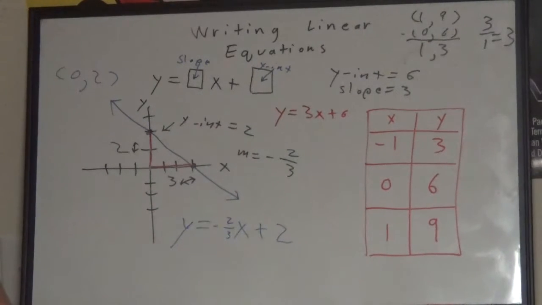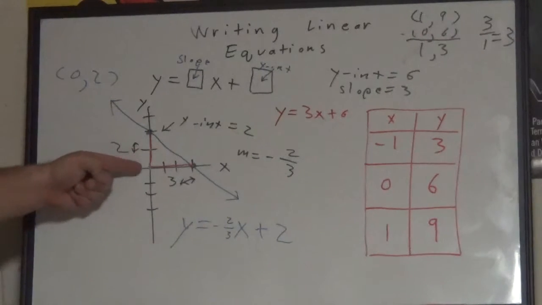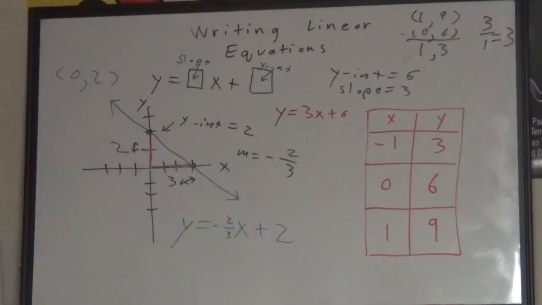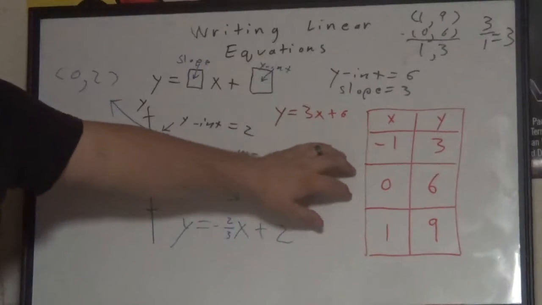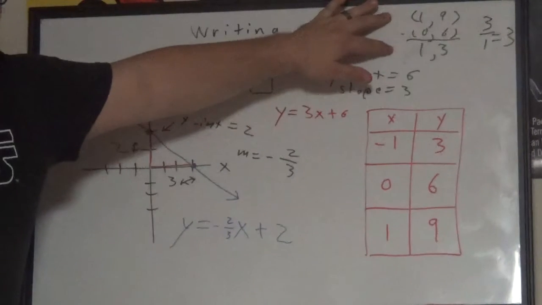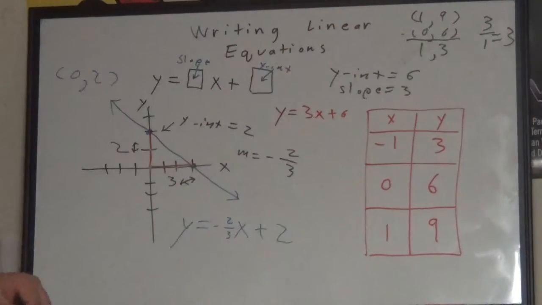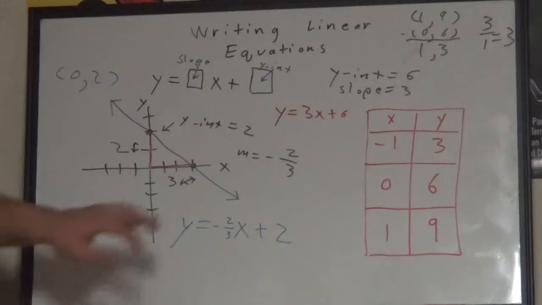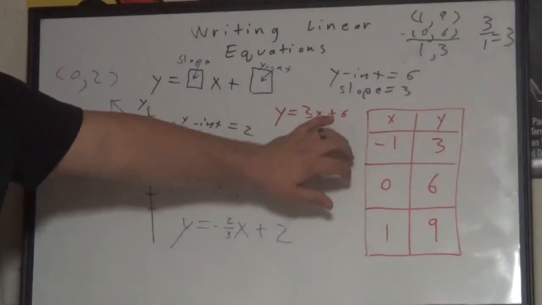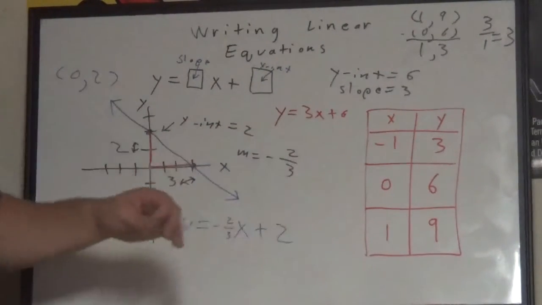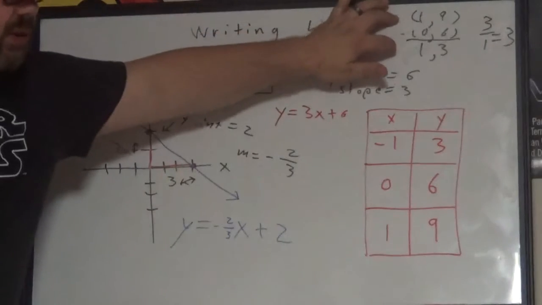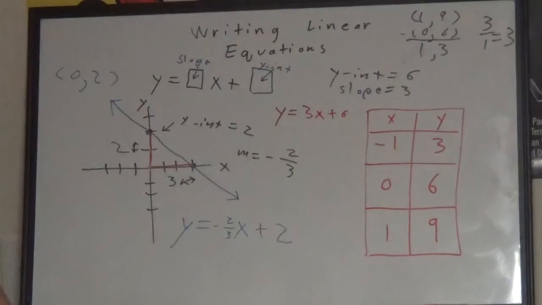And the slope, on a graph, can be found with rise over run. And if we have a table, it can be found using our slope formula. It sometimes can be found a little bit easier if our table is a simple one like this. But this will always give it to you.